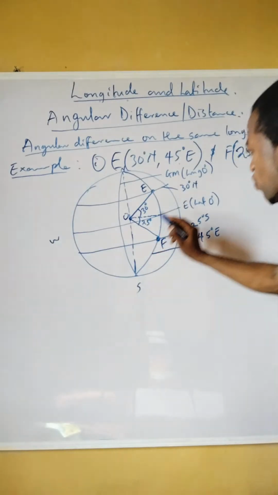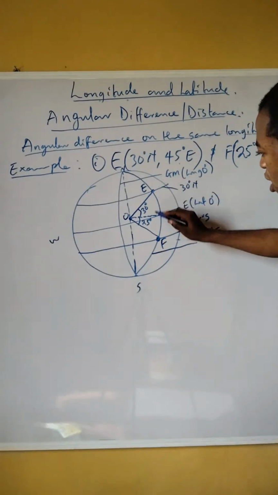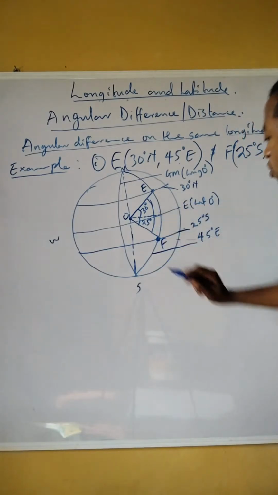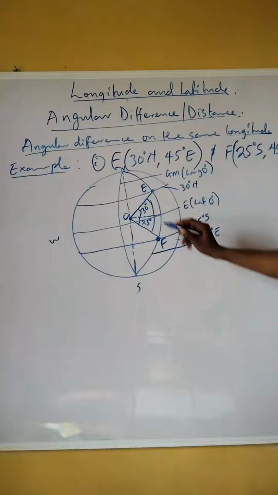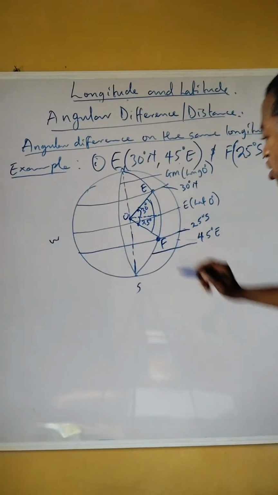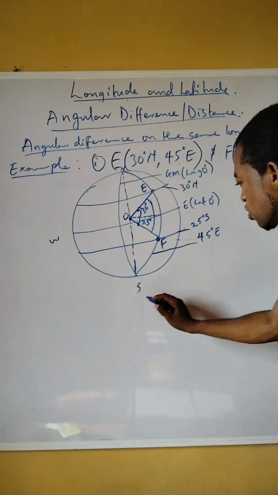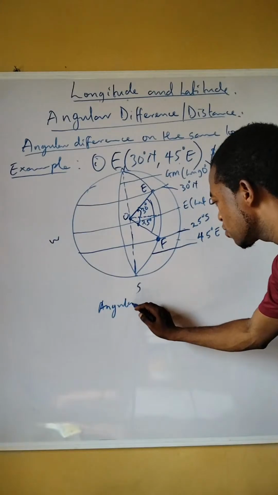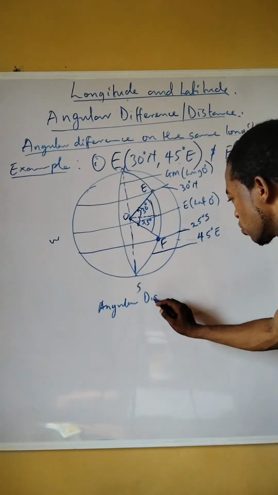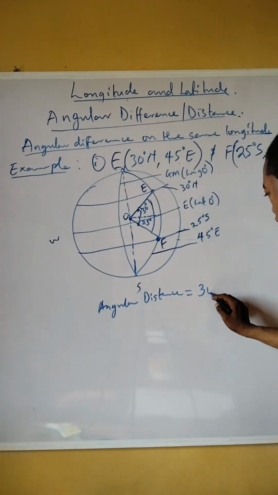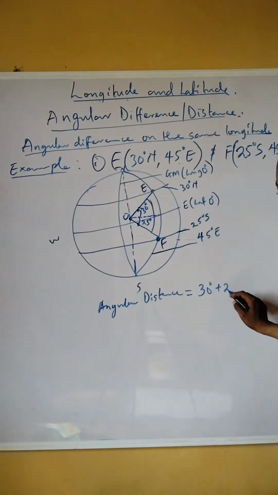Now, I want to find the angular distance between point E and F. That means the whole of this angle here is what we require, right? And when you look at that, that's simply 30 degrees plus 25 degrees. So the angular distance or angular difference, whichever one you call it, same thing, equals 30 degrees plus 25 degrees.